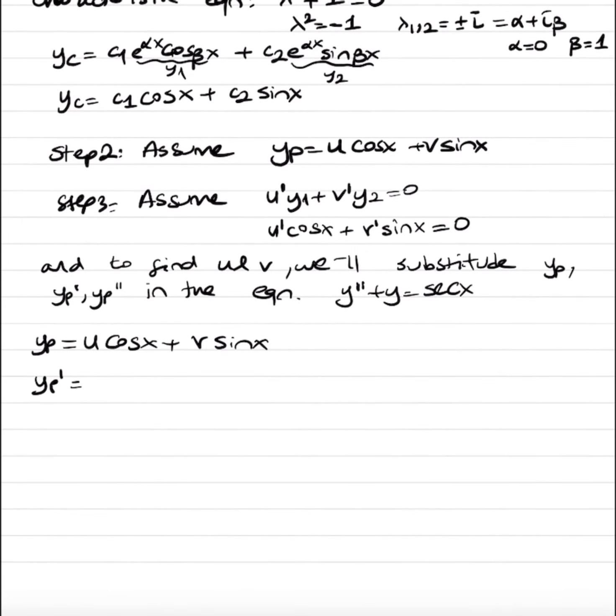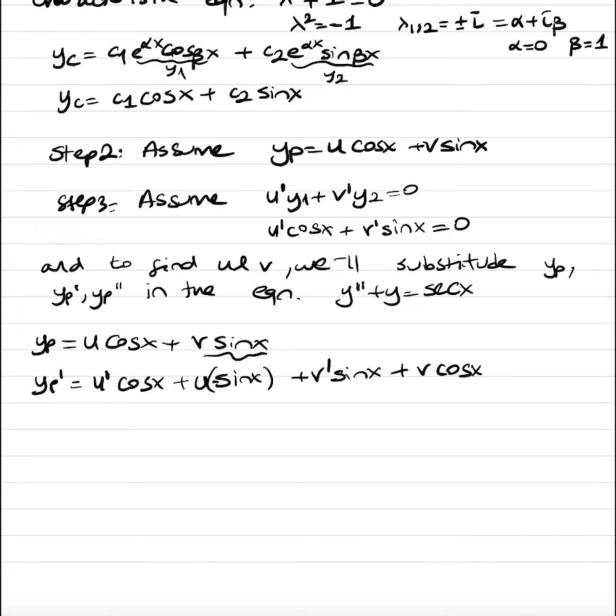So let's find the derivatives. u cosine x plus v sine x. What is the first derivative? Don't forget to use the product rule, right? So it is u prime cosine x plus u times the derivative of cosine x, minus sine x, plus v prime sine x plus v times the derivative of sine, which is cosine x.